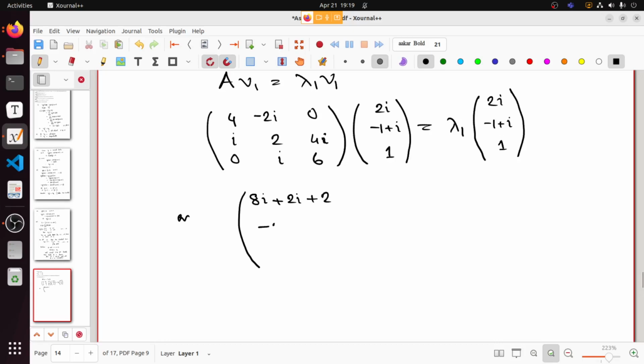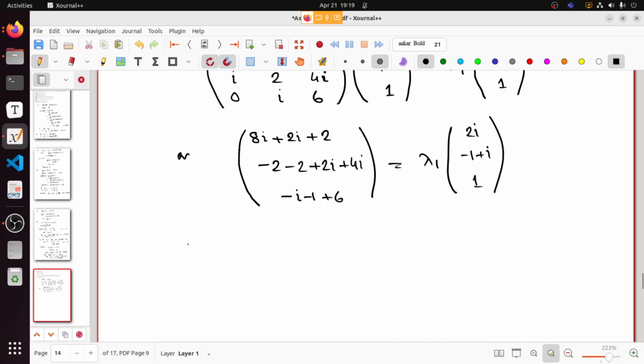The second entry will be minus 2 plus 2i plus 4i. The last one will be minus i minus 1 plus 6, right? So this equals lambda 1 times 2i, minus 1 plus i, and 1.